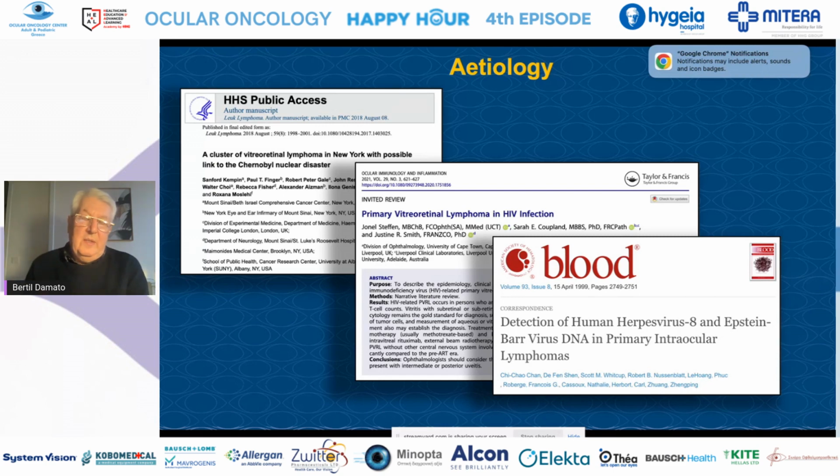And then this is aggravated by HIV infection, and in these patients, there's evidence of a previous Epstein-Barr virus infection.